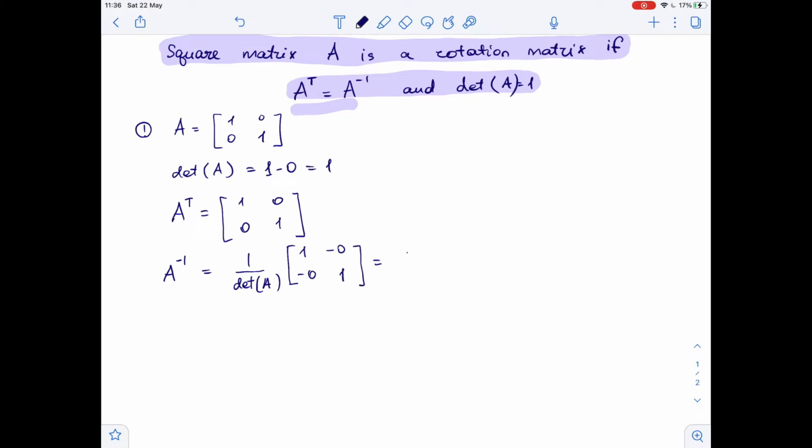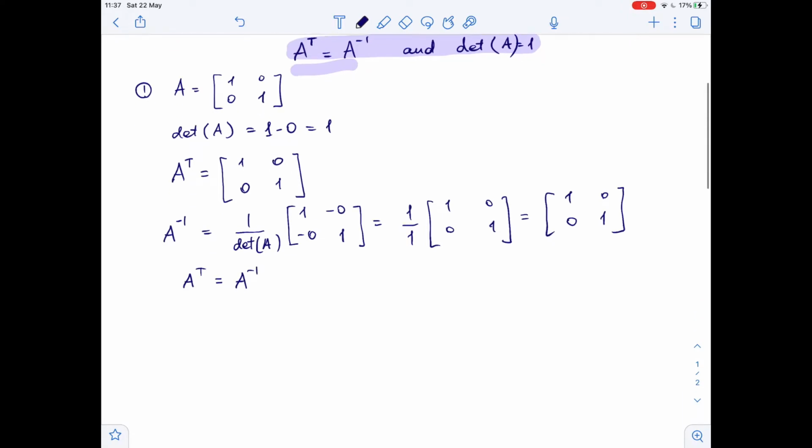So basically this is equal to 1 over 1 multiplied by the matrix 1, 0, 0, 1, which is equal to this matrix. As we see, the inverse of matrix A is equal to matrix A, and it's also equal to the transpose of matrix A. So we come to the conclusion that the transpose of matrix A is equal to the inverse of matrix A, which means that matrix A is a rotation matrix.